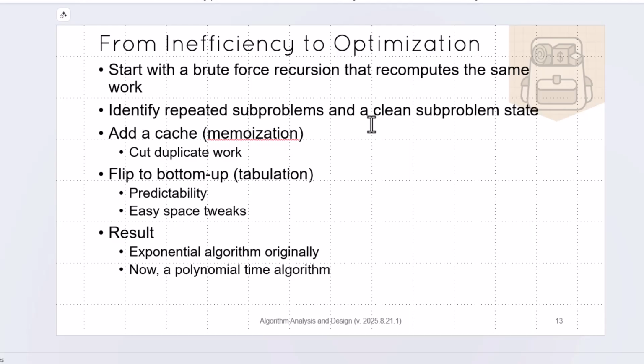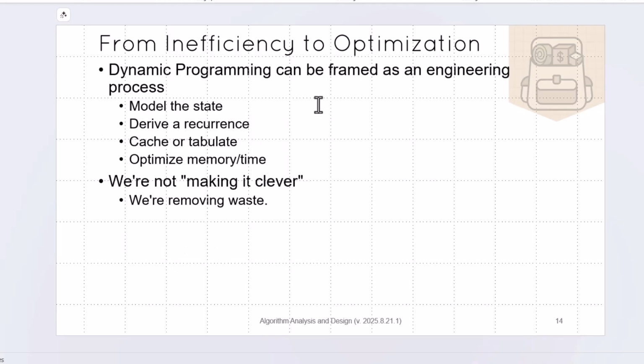We can add a cache to cut the duplicate work out. That might be a first step. And then later on you look at it and say, well, let's flip it to bottom-up. So is there a way to do this with tabulation? This is predictable and allows some easy space tweaks, so we're not holding everything. And the result, often you start with an exponential algorithm originally, and then you might end up with a polynomial, or at least a more efficient algorithm.